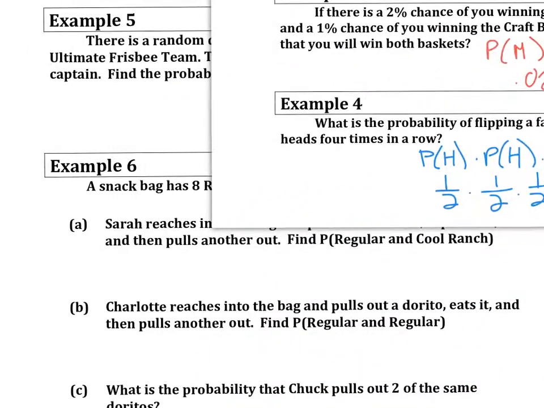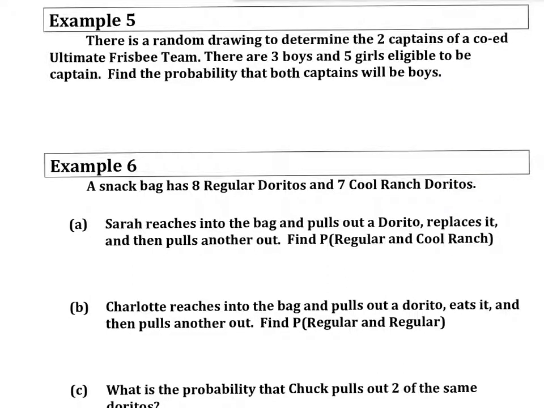Okay, in example 5. It says there is a random drawing to determine the 2 captains of a co-ed ultimate frisbee team. There are 3 boys and 5 girls eligible to be captain. Find the probability that both captains will be boys. So we're assuming here that we have 8 names in a hat, essentially, and they're randomly drawing them to determine who will be the captain of the team.